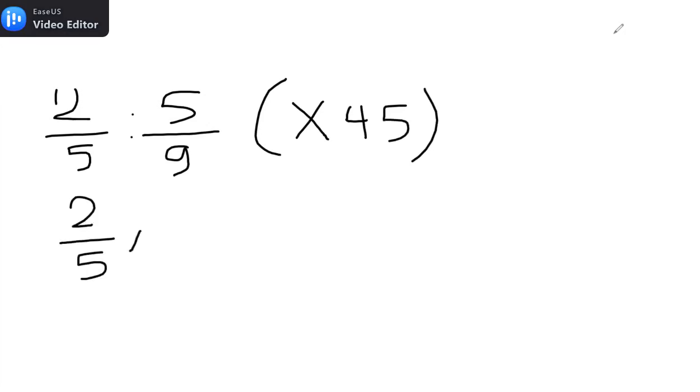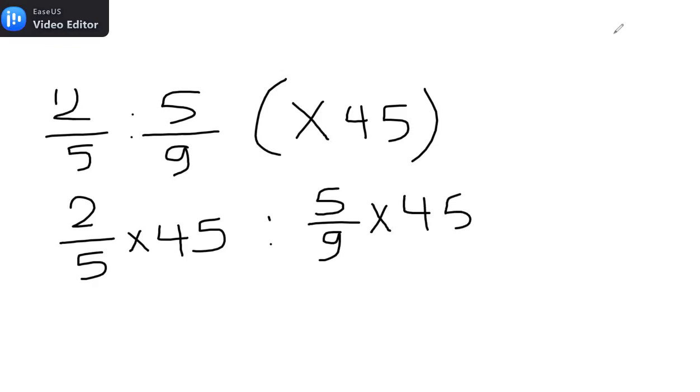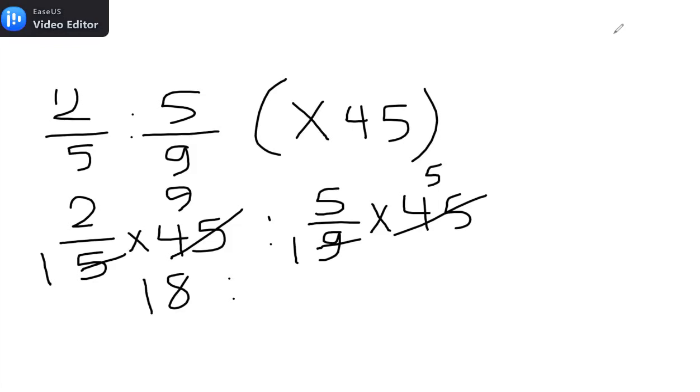2/5 times 45 to 5/9 times 45. From multiplying fractions, we can say that 5 divided by 5 will be 1, 45 divided by 5 will be 9, and 2 times 9 will give us 18. 9 divided by 9 will be 1, 45 divided by 9 will be 5, and 5 times 5 will give us 25.